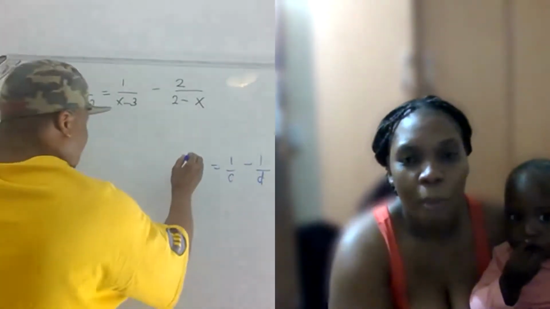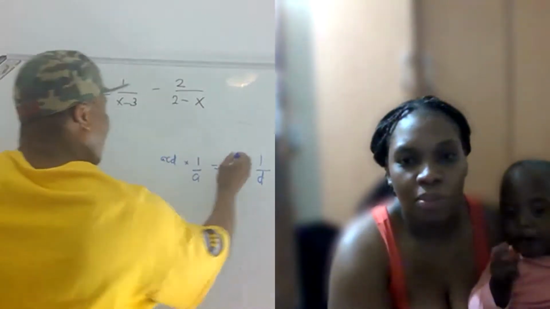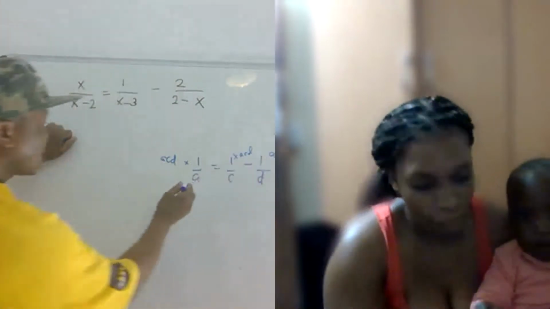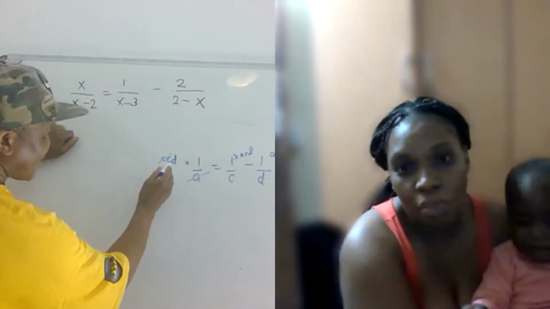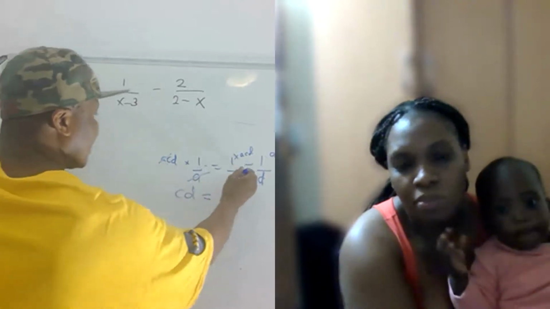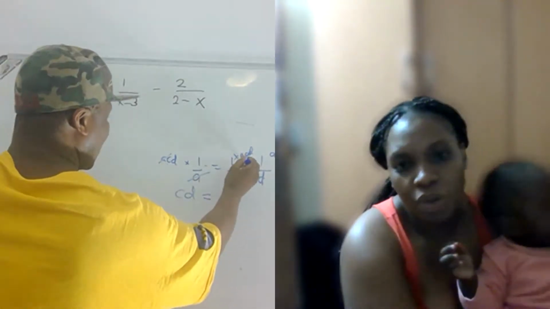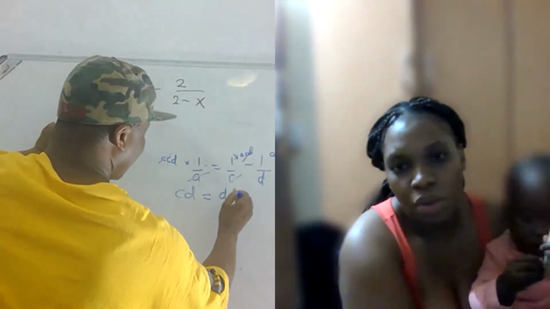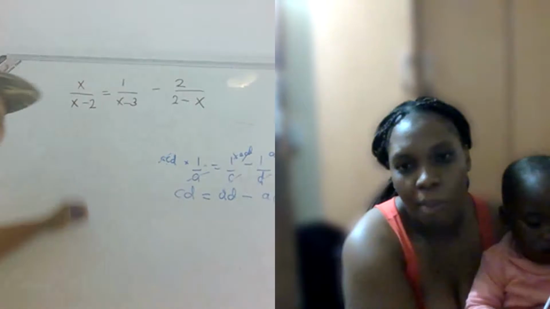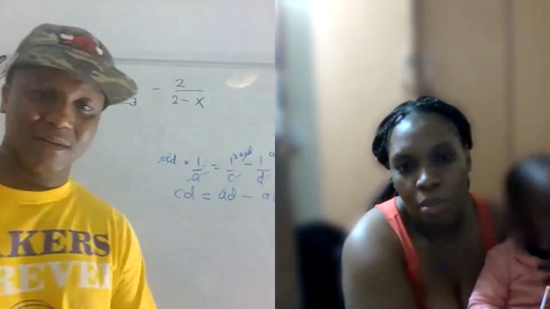So I'm going to multiply each one by ACD. The reason is because I want to cancel the denominators. So it's going to be CD times 1 equals CD, because the A cancels. C, C cancel, excuse me. A times D, AD. Minus, D and D cancel, it's going to be AC. So your equation now became linear.